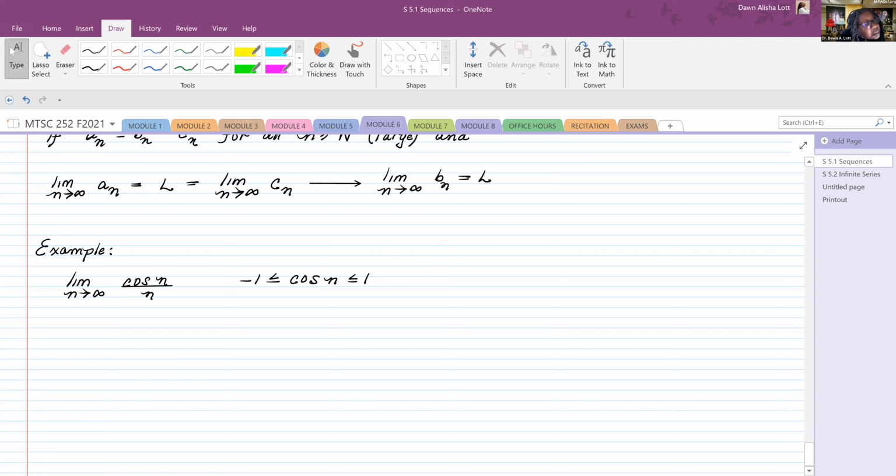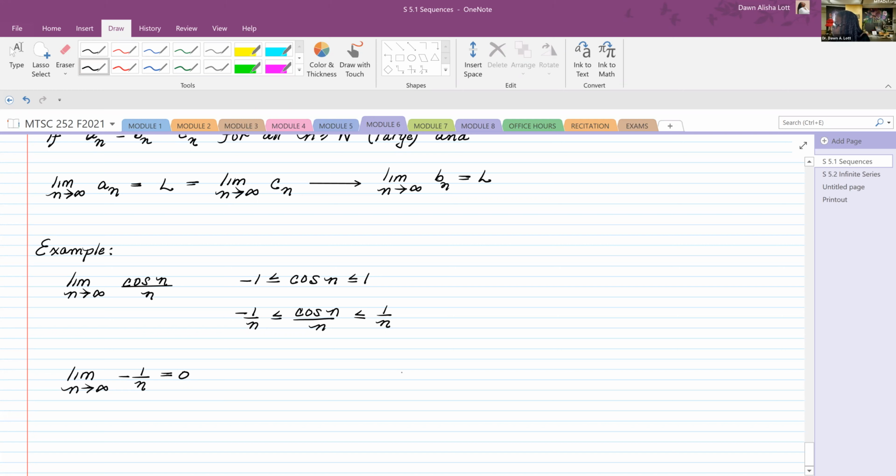Alrighty, we got 1 minute, just enough time for me to finish this. So -1 over n is less than or equal to the cosine of n over n is less than or equal to 1 over n. Now the limit as n approaches infinity of -1 over n, we already did that. That was 0.